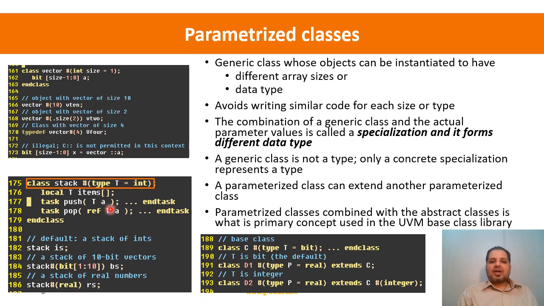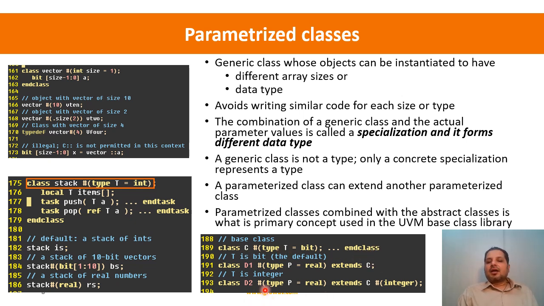Parameterized classes can also participate in inheritance. For example, I can have a base class: class C, parameterized with a type T equal to, and I have put the default value as bit, end class. Now I can extend this parameterized class C. I'm saying class D1, which is itself parameterized separately with a type P with the default value of real, and extends C, where C will be specialized with bit.